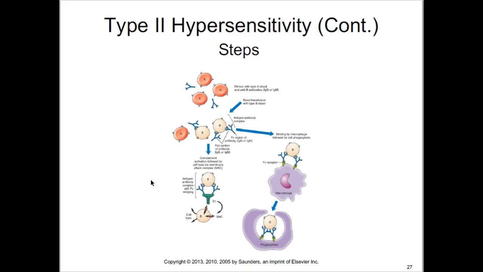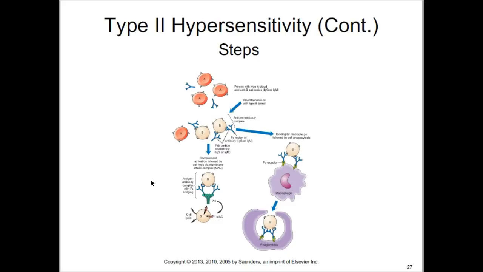So this type of clotting is basically called coagulation, and this coagulation is going to basically stay there until you filter the blood out of these clumps. And so this type of reaction is quite serious.